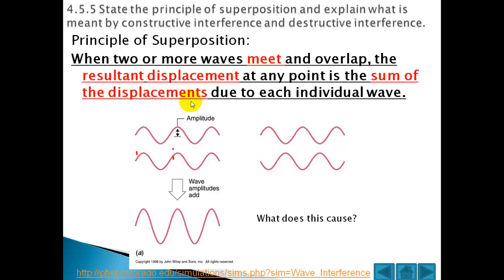When you get a resultant amplitude which is larger than either of the constituent amplitudes, you get constructive interference. When you get a resultant displacement which is smaller than the displacement of the constituents, you get destructive interference.